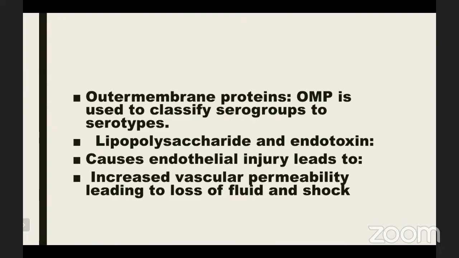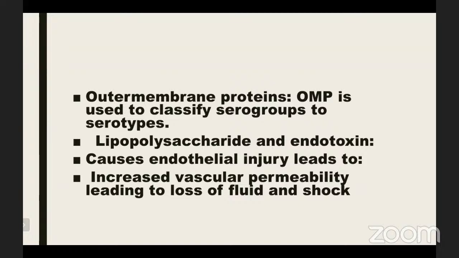Outer membrane proteins are used to classify serogroups into serotypes. Lipopolysaccharide and endotoxin will cause endothelial injury that will lead to increased vascular permeability, that will lead to loss of fluid, and finally to shock.